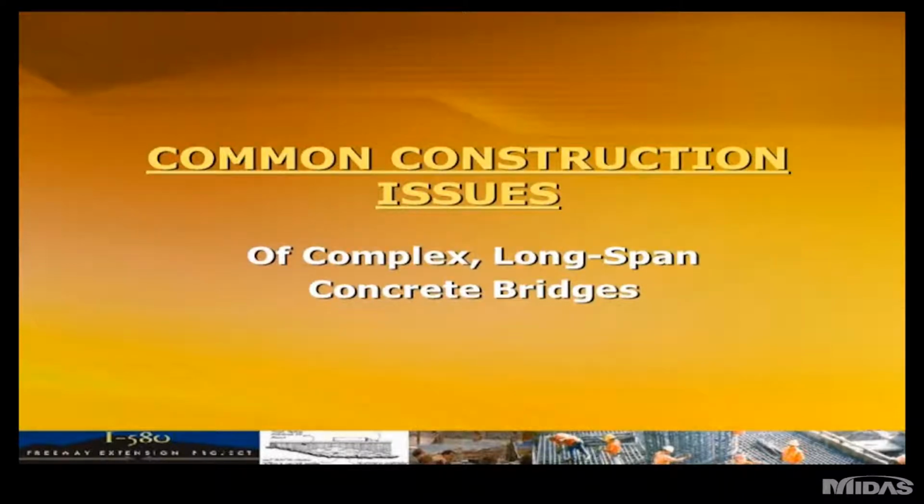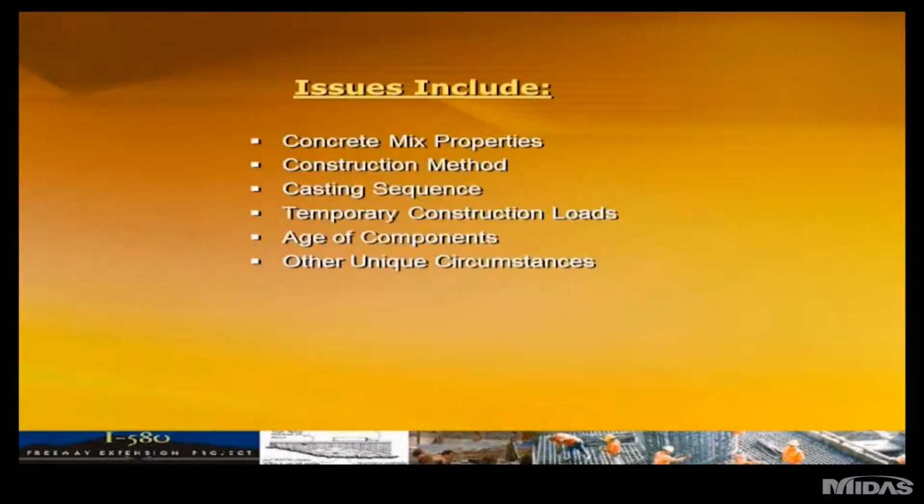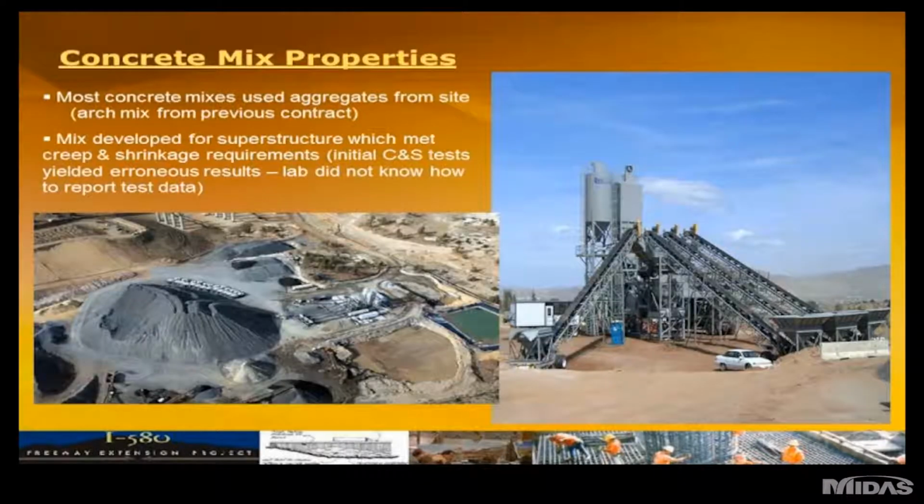So some common construction issues of long-span concrete bridges: concrete mix properties, construction method, casting sequence, temporary construction loading, age of components, and some other unique circumstances which popped up on this project. Concrete mix properties. We used aggregate from the site.